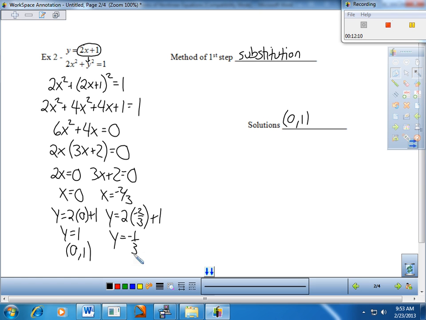So what I saw there is negative 2/3 for x, negative 1/3 for y. It looks like that's going to be the point on this line. We should go ahead and check it right there.